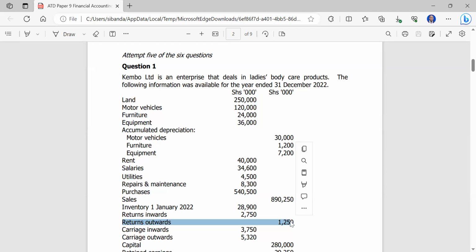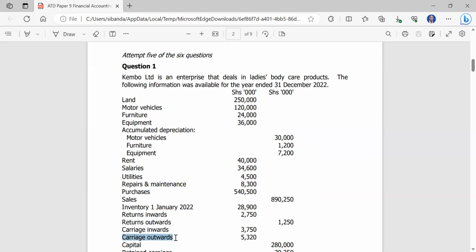Because we purchased, now we are returning outward, so it means that it reduces our purchases value. So we get purchases, add our carriage inwards, less the return outwards to get our net purchases.